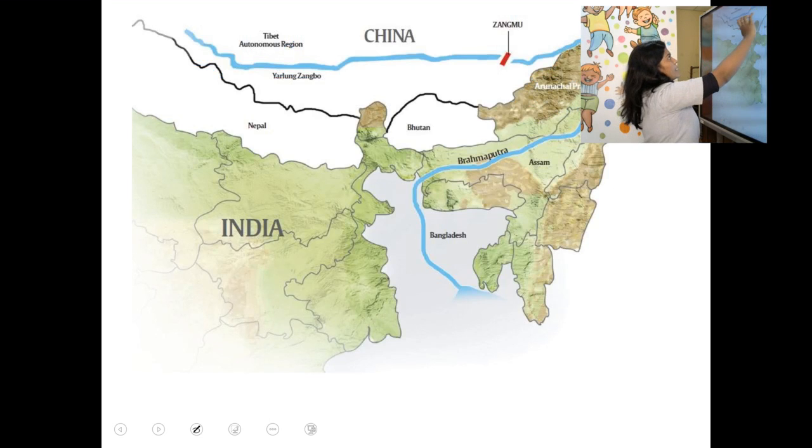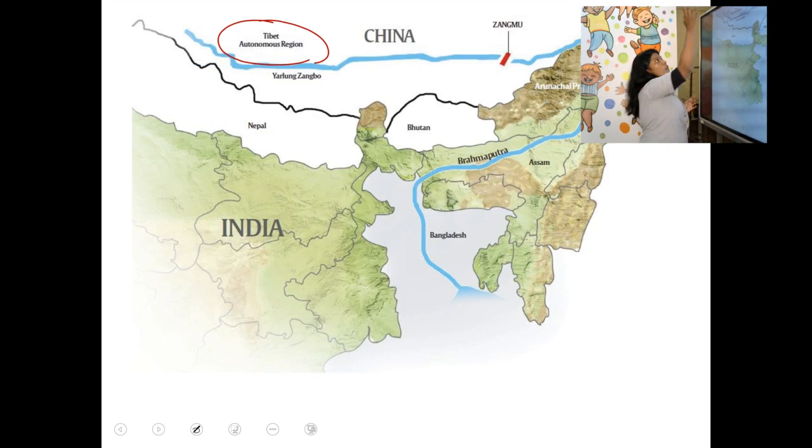I'll show you. See here, Tibet is another country. The Brahmaputra originates in Tibet, and then it reaches India.